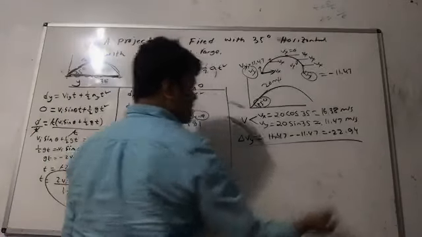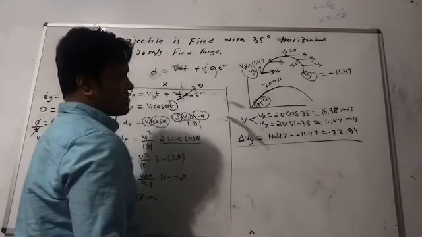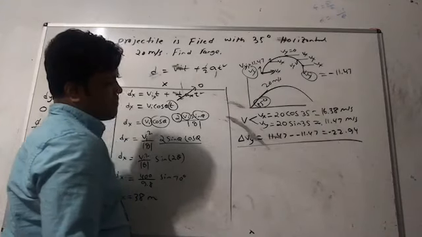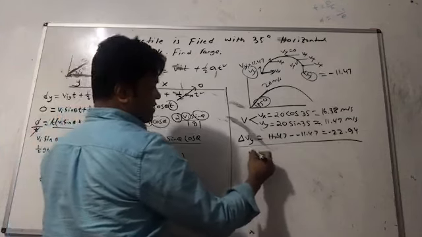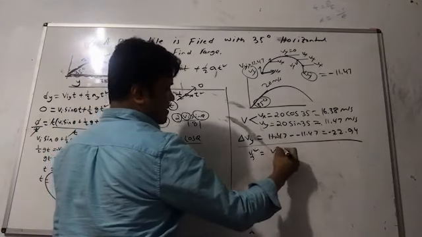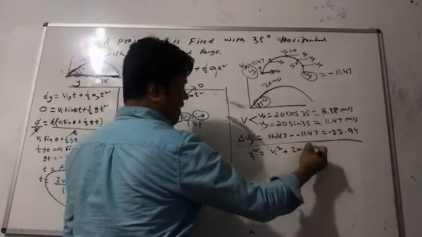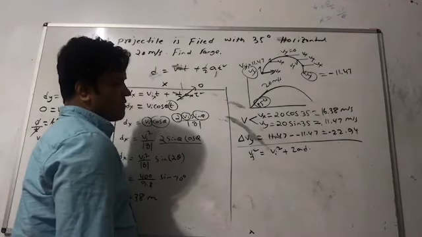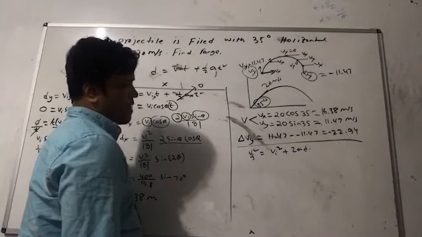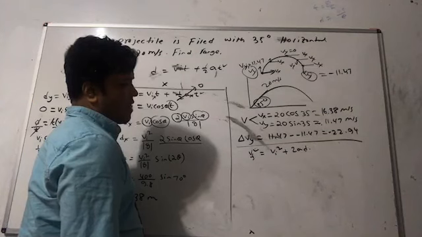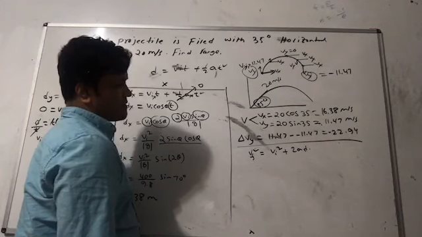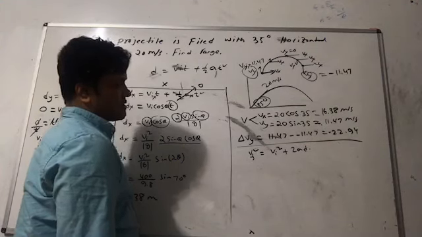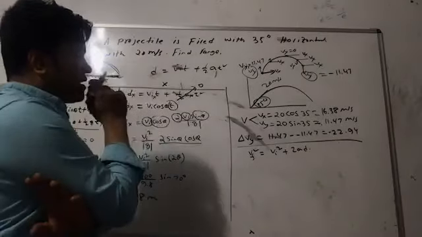In step 2, you can find Vf squared equals Vi squared plus 2ad. Alright, before we do that, I think we should find the time. Let's see how we can find the time.